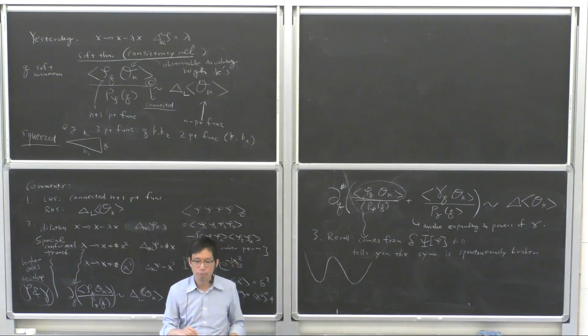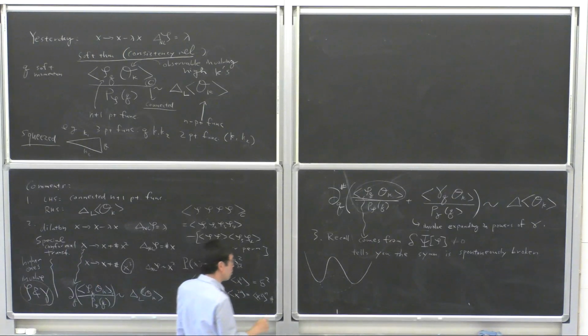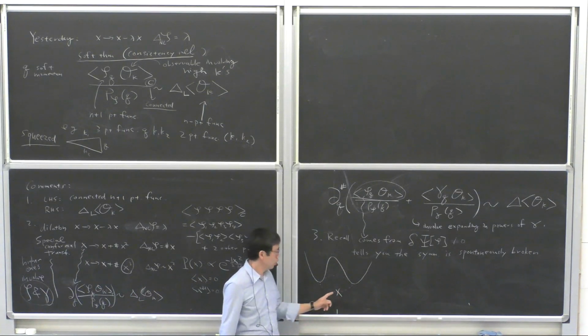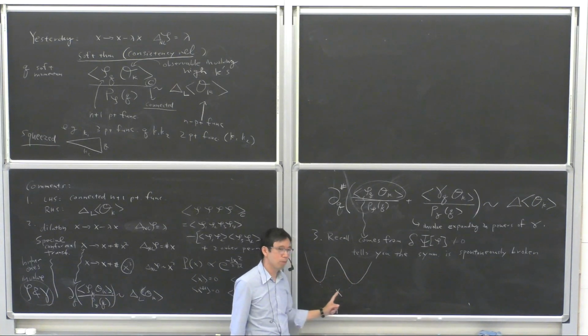Those are the possible minima that you can pick, and you just pick one. You say, this is my vacuum, but once you pick this as your vacuum, your choice has broken this U1 symmetry, and that's why we call this spontaneous breaking of the U1 symmetry that you started with in your theory. So the choice of the vacuum represents a spontaneous breaking of this U1 symmetry.